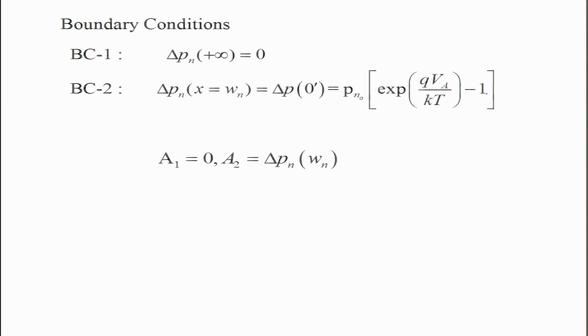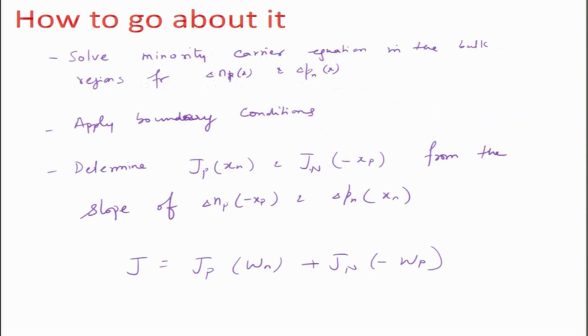So from this we can get A1 is equal to 0 and A2 is equal to minus delta Pn at Wn. Sorry, I just wanted to make a correction here when we are looking at actually Wn, Wn at minus Wp, similarly here minus Wp and Wn.